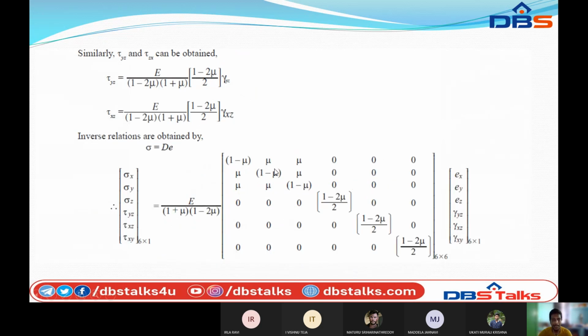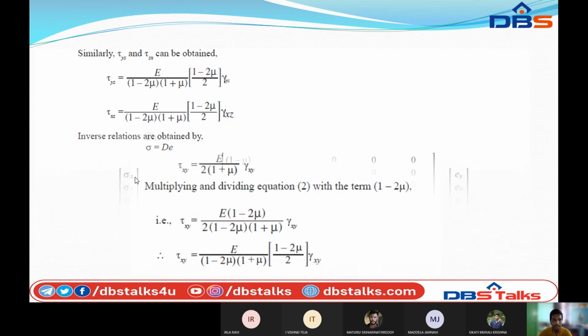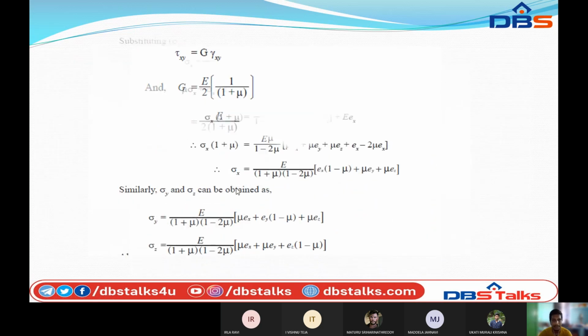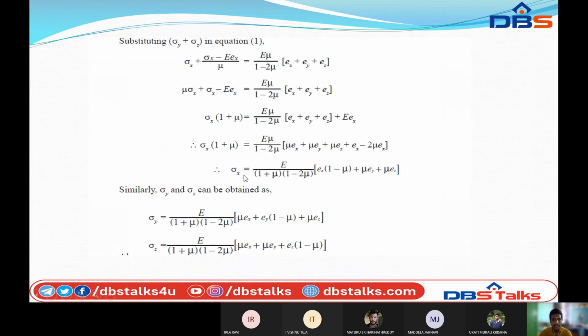I'm writing this D matrix based on the equations of sigma x, sigma y, sigma z. For the x-direction stress component, I take the values 1 minus mu and mu, and the remaining terms are zeros, as a 6 by 6 matrix.